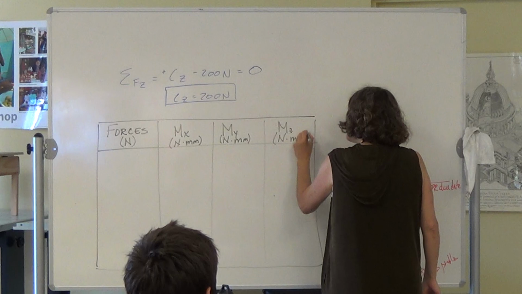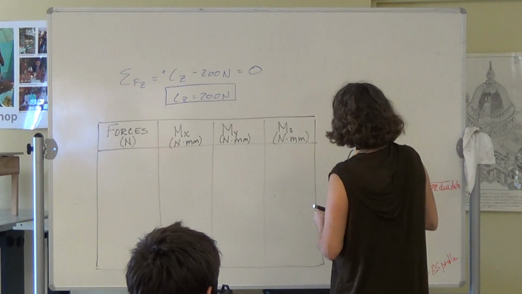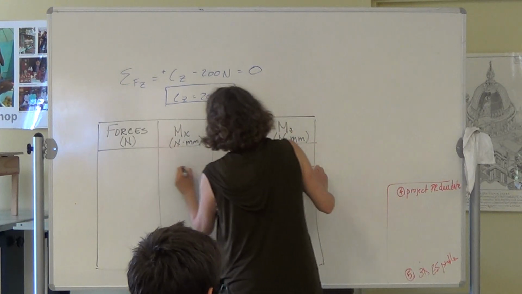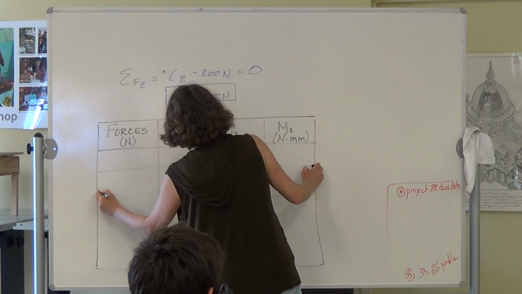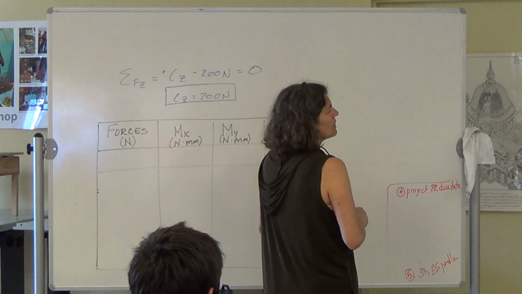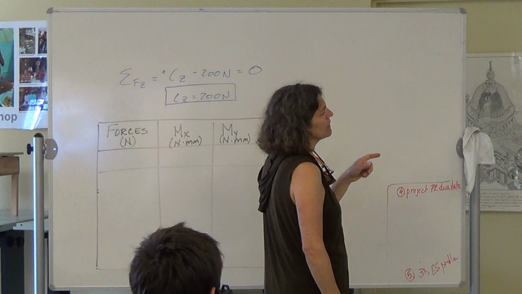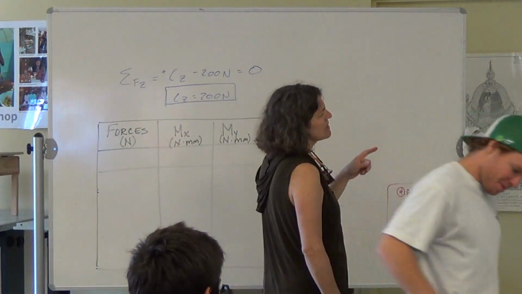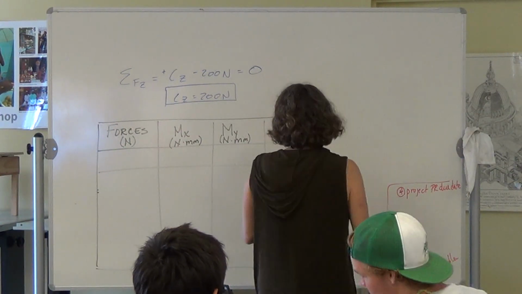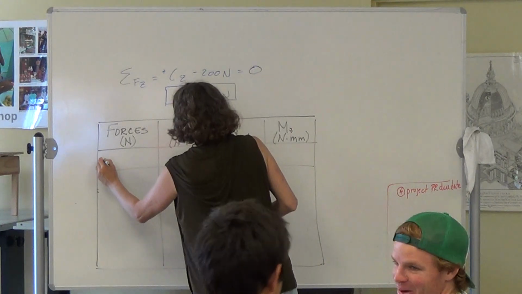So we're doing another 3D right-hand rule problem. So how many forces do I have? I have 5 of them, right? No, I have more than 5, right? 1, 2, 3, 4, 5, 6, 7, 8, 9. I got 9.